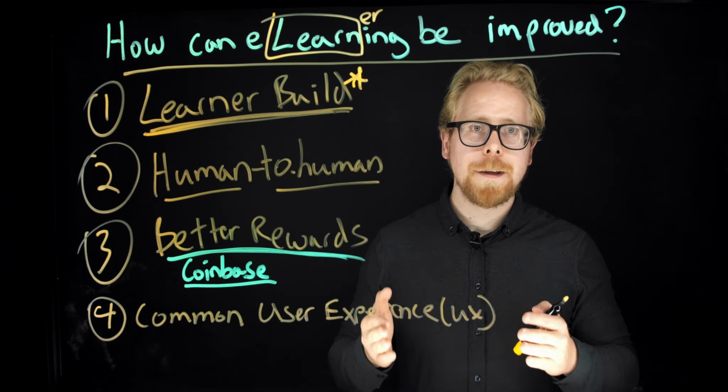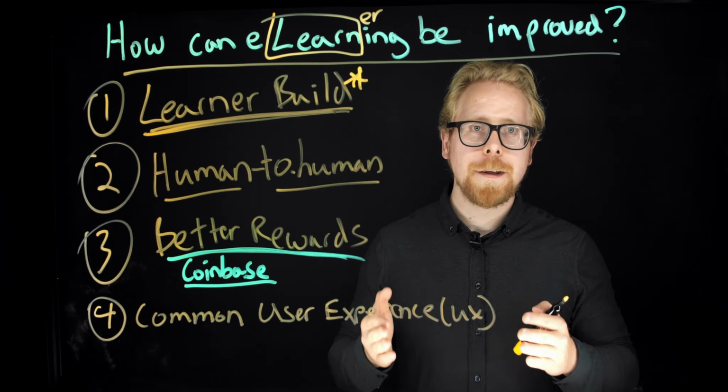Common user experience. Picking a learning management system or an e-learning technology doesn't need to be complicated. The easier you make it for your users or your learners to access it and to learn how to use it, the more engagement you're going to get, the more sales you're going to get if you're selling a program, the less returns you're going to get.